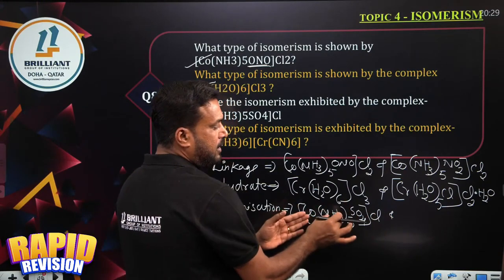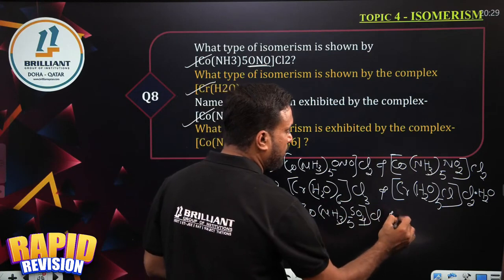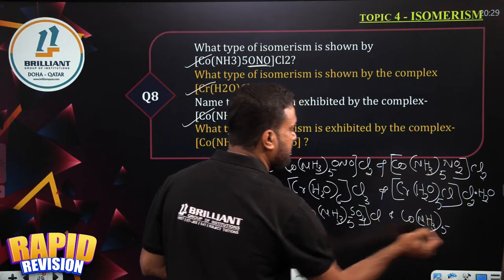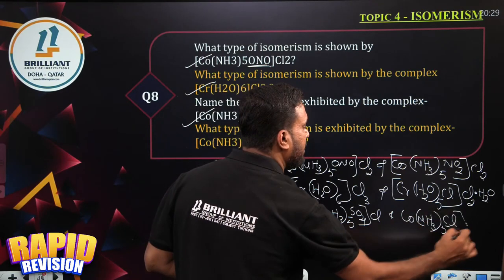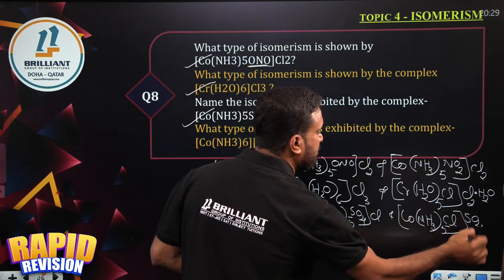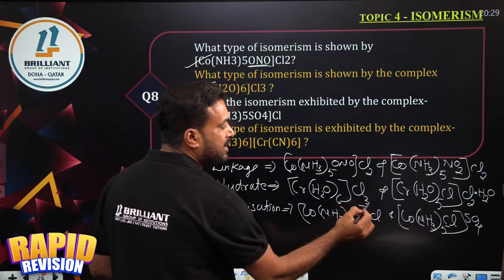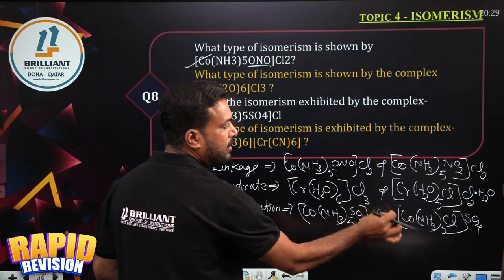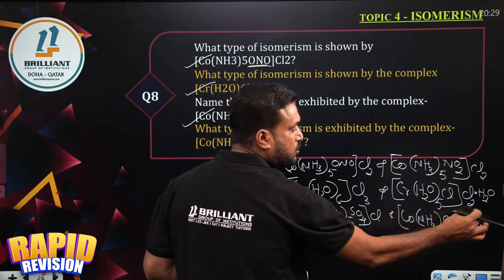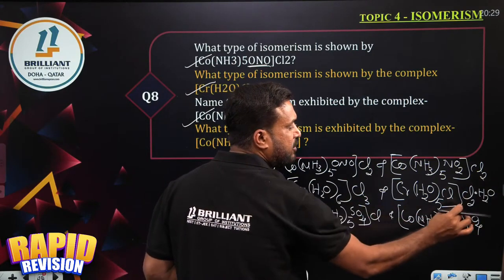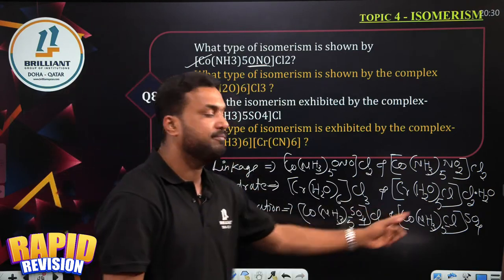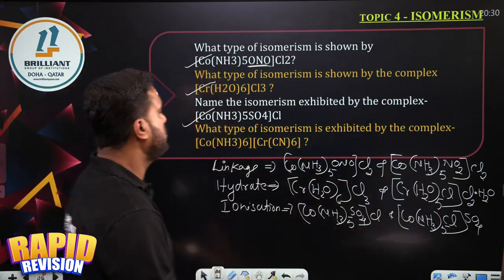The same complex can be written as [Co(NH3)5Cl]SO4, with Cl inside and SO4 outside. In the first case the sphere has 1 plus and Cl minus comes out. In the second complex, the SO4 2 minus ion goes out, and the coordination sphere gets 2 plus. Both have the same formula but produce different ions in aqueous solution.